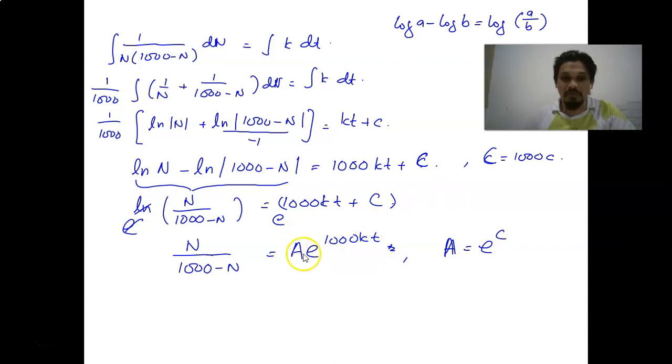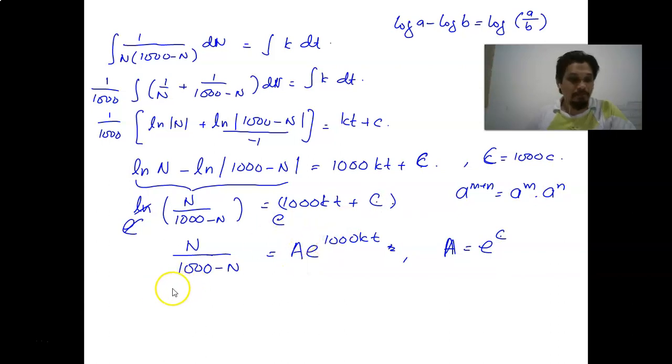Okay, we'll simplify this: e power of this plus c, for a power of m plus n, equals a to the power of m times a to the power of n. And for e power of c here, we simplify as an A.